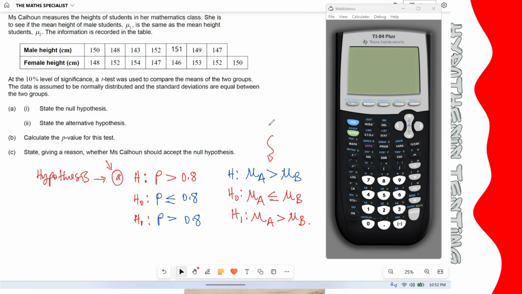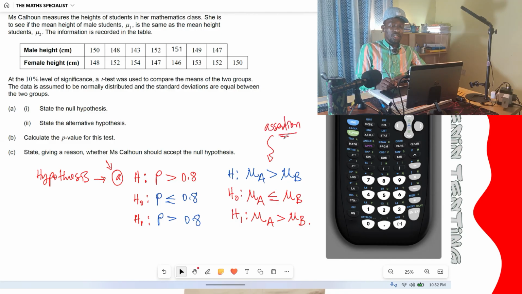So what I'm trying to say is, the claim is always the assertion. The claim is always the alternative hypothesis. The null hypothesis indicates no difference, no changes. But the alternative hypothesis indicates that there is change.